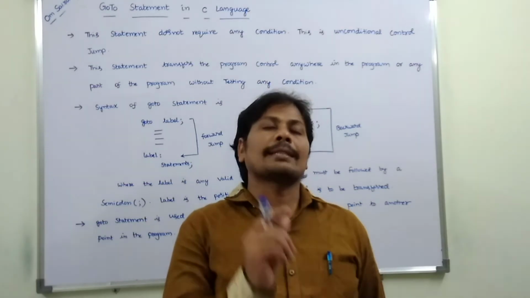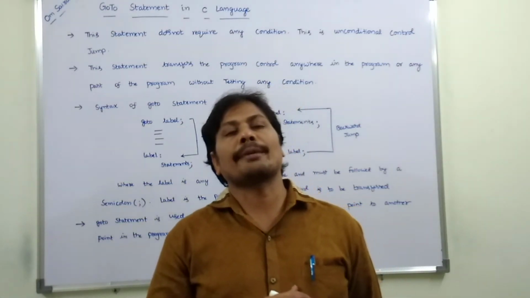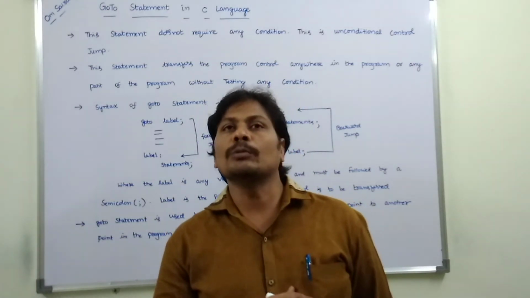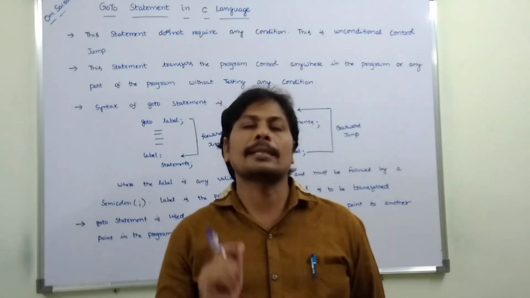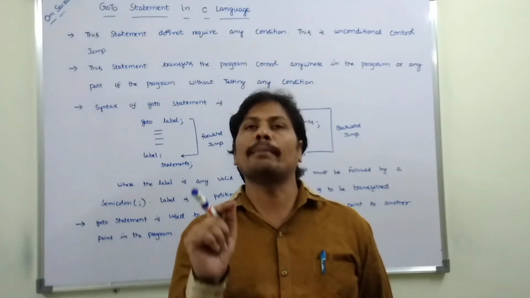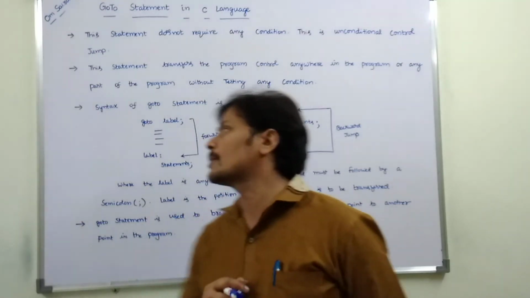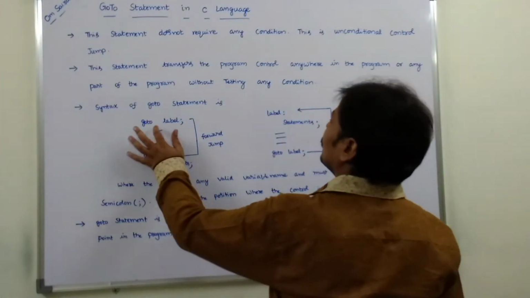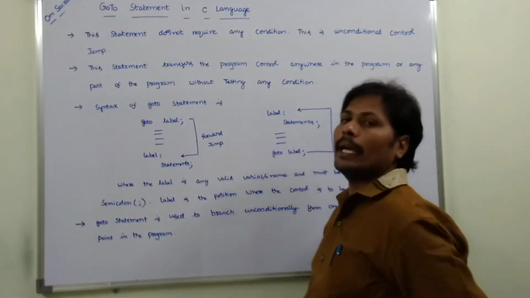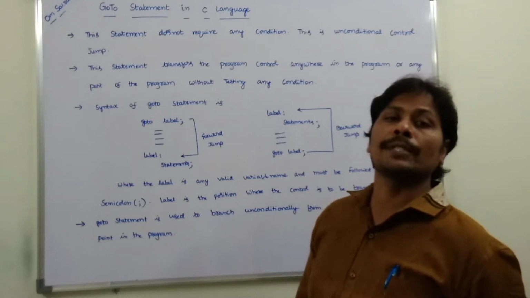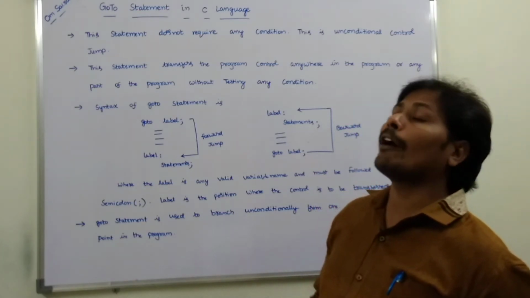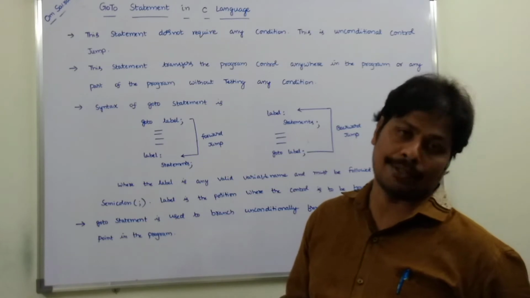The syntax of the goto statement is: goto label semicolon. Here there are two types of jumps: forward jump and backward jump.